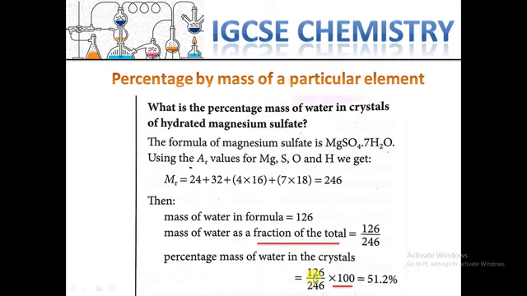The next step is to multiply by 100 because it's a percentage out of 100%. Then you can measure the result, which is 51.2%. That is the water in this formula, this big molecule.